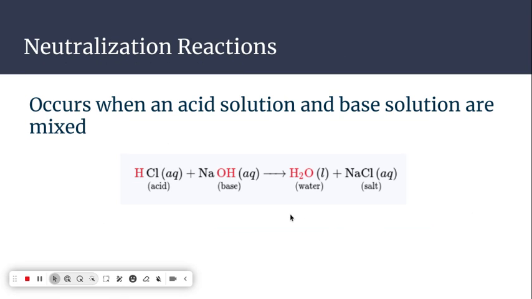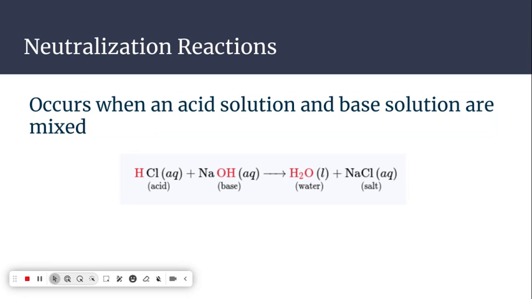Next, we're going to look at neutralization reactions, and this occurs when an acid solution and a base solution are mixed together. So here's an example where you see hydrochloric acid and sodium hydroxide mix together and form water and then a salt, which is sodium chloride right here.